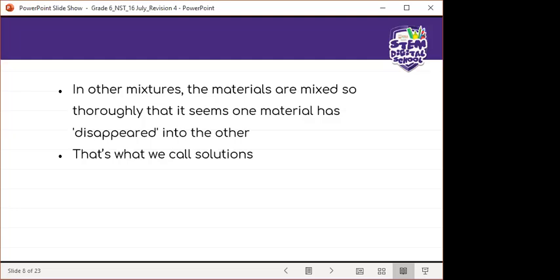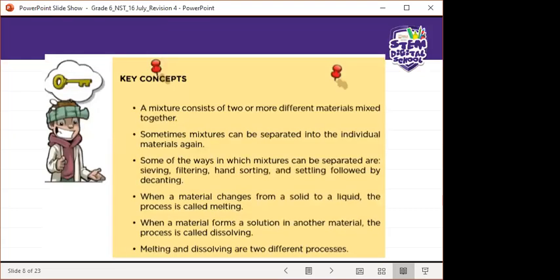So key concepts for mixtures. A mixture consists of 2 or more different materials mixed together. Sometimes mixtures can be separated into individual materials again. Some of the ways in which mixtures can be separated are sieving, filtering, hand sorting, and settling followed by decanting.